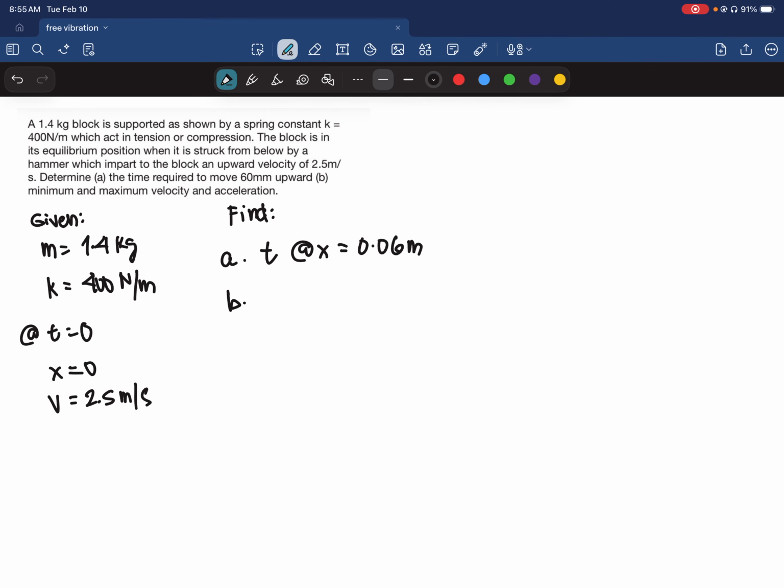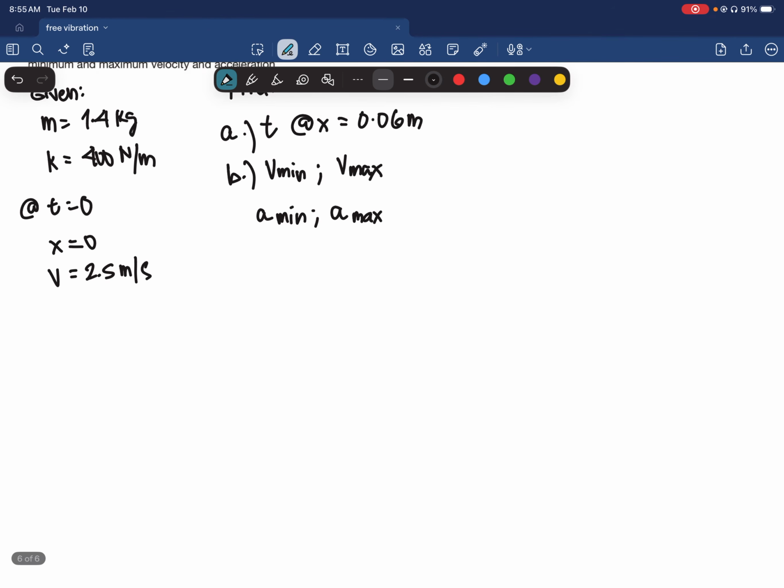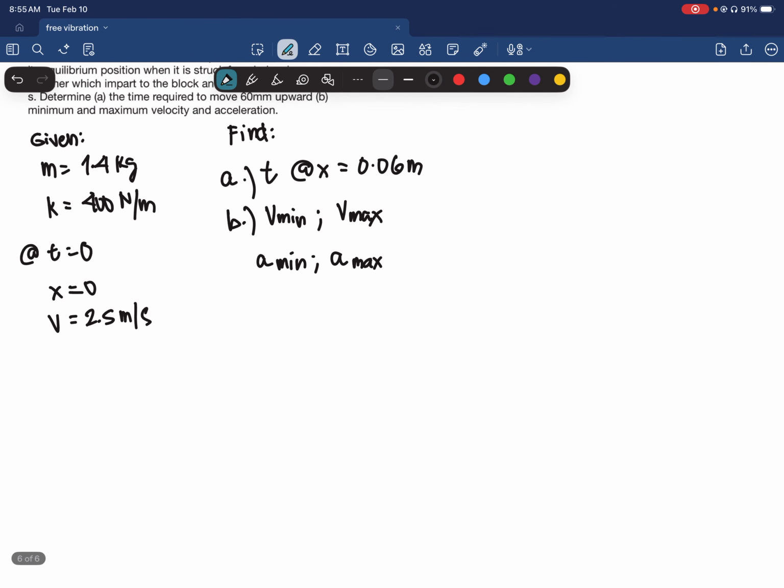And then B. Actually, what's stated in the problem is only the maximum, but it's the same anyway. So, V min, V max, E min, A max. We'll illustrate it later.